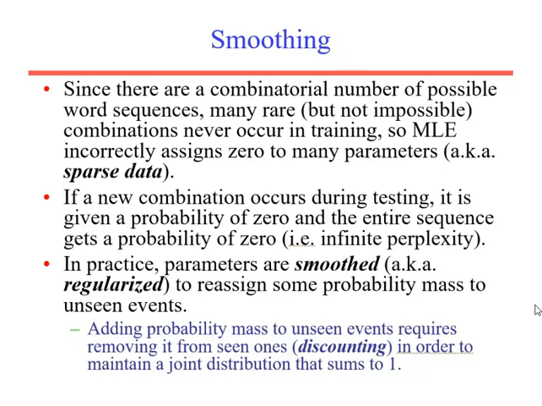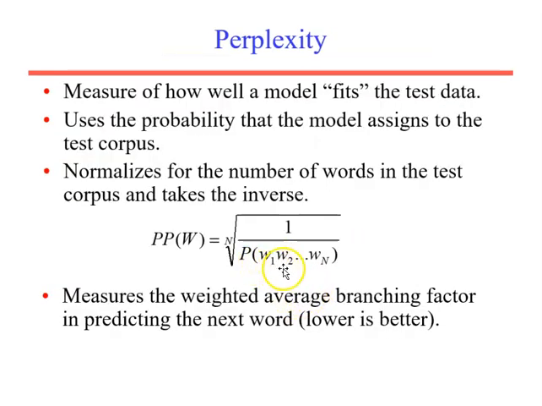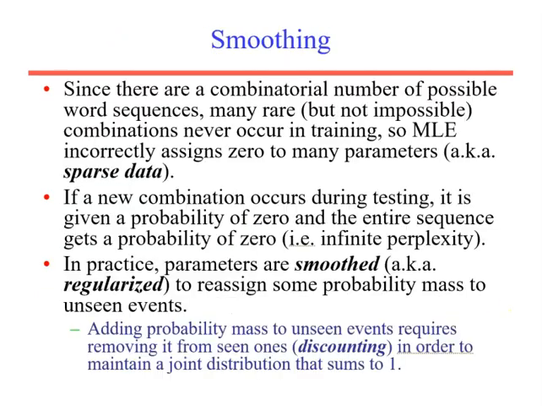Now, smoothing techniques, we don't really address that in this class, but since many word sequences never appear in training data, basic models assign them a probability of 0, leading to infinite perplexity. So you can see here, if the word combination W1, W2 all the way to Wn never happened in the training set, the probability of this combination will be 0, which will give you perplexity of infinity. So to deal with this problem, we use smoothing techniques.